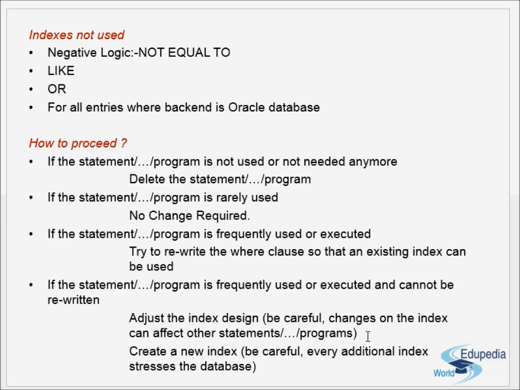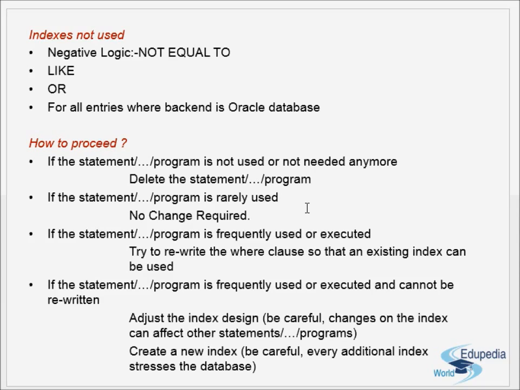That's why the last option is this: first we modify the code such that the existing index is used. If you are unable to modify the code, then only go for index changing, like creating or deleting an index. Generally we don't delete, we generally add a new index.